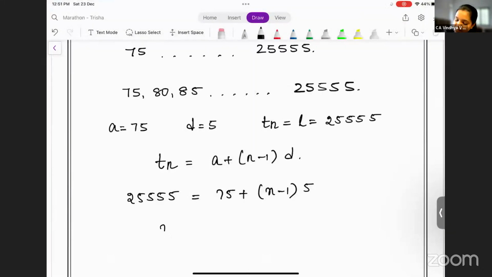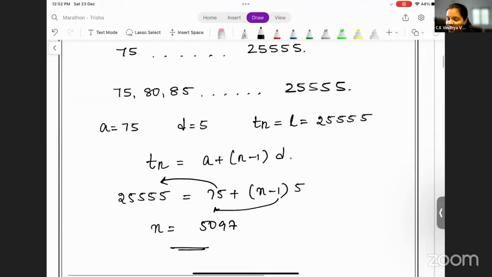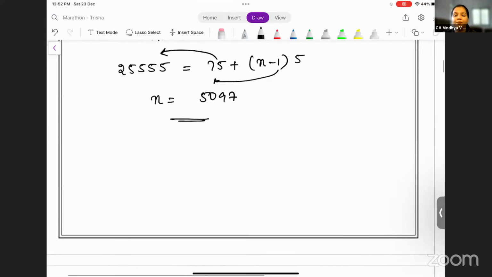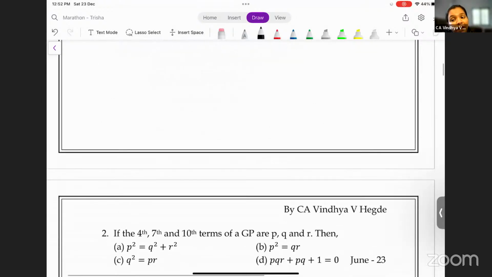The answer that you get is n is equal to 5097. I hope it is clear. How did you solve this? First you moved the 75, so minus 75. Then you divided by 5, so you got 5096. Then this minus 1 went to the other side as plus 1. So the answer is 5097. This type of question has been asked in many attempts.